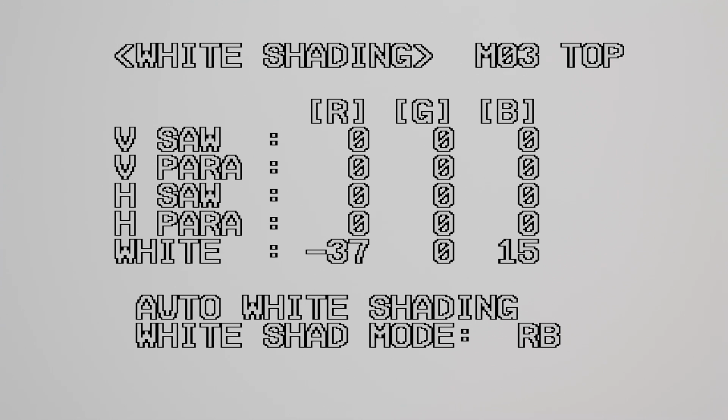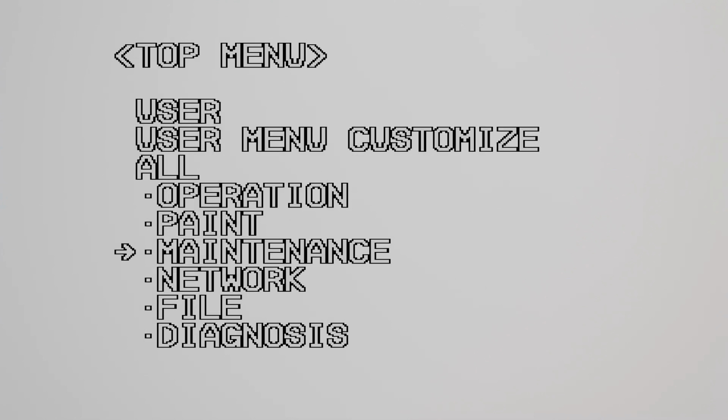And so now we can save these values into a lens profile, so that the color cast of the lens is being removed. So I'm going again to the top menu, and you need to go to the file menu now.